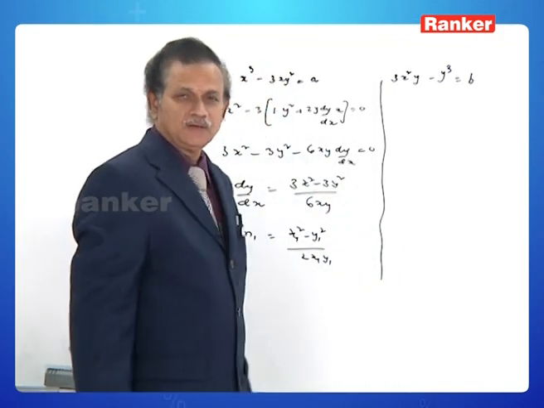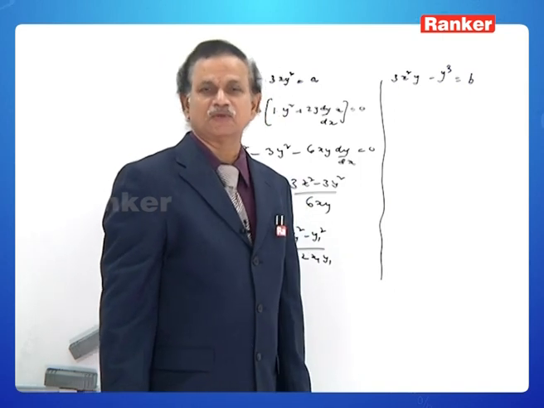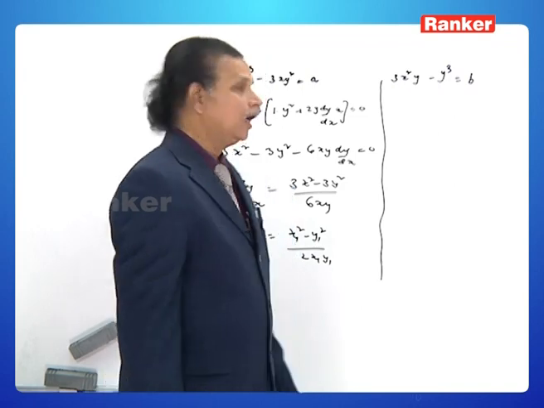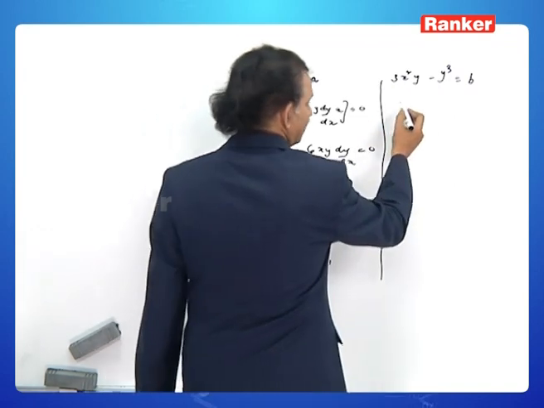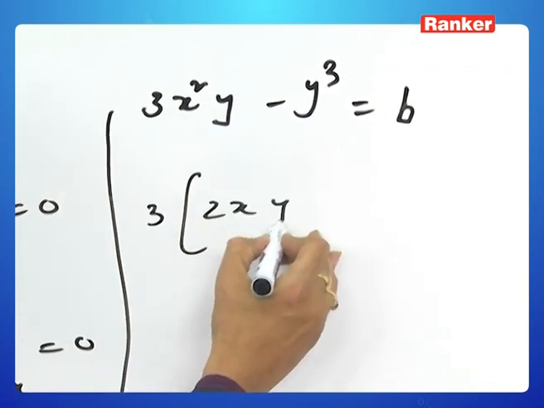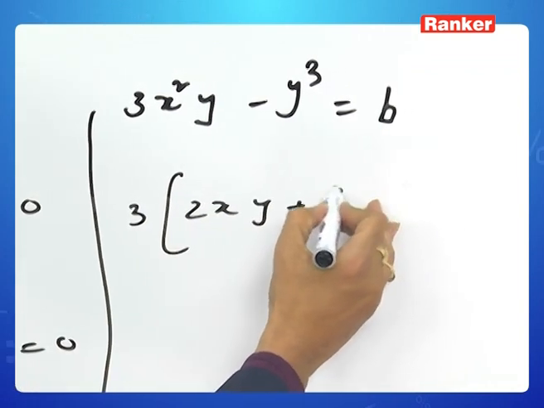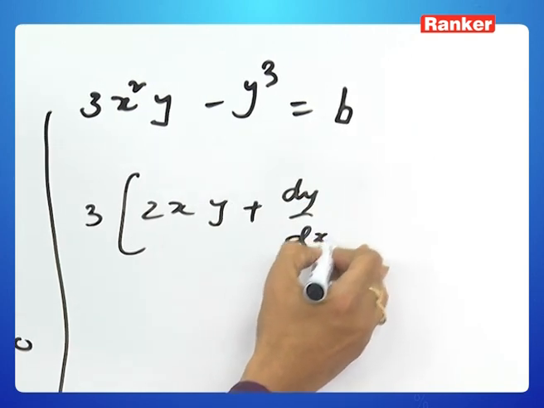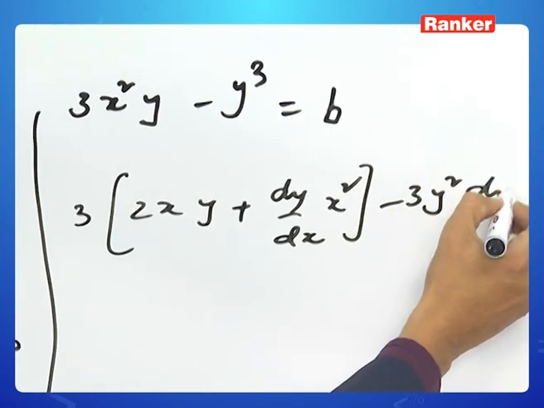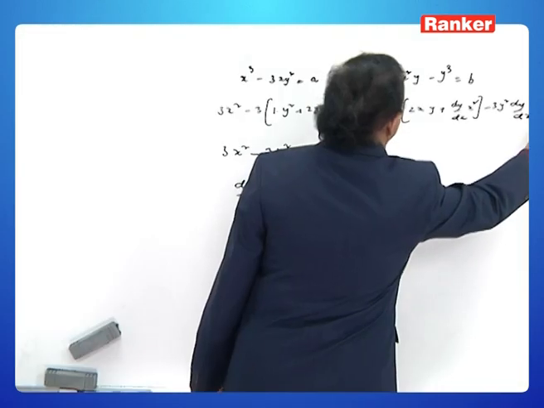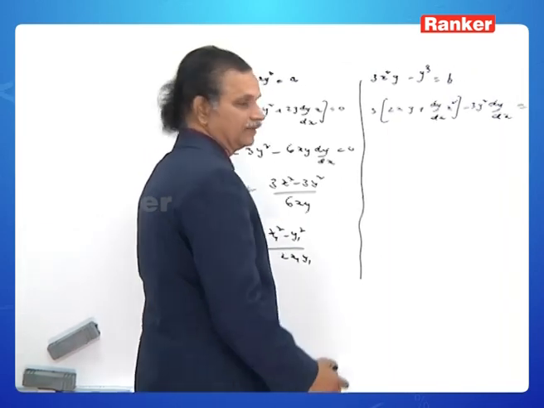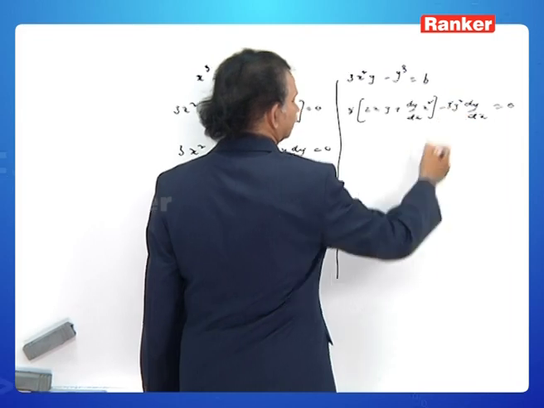What is x1, y1? I am supposing that x1, y1 is one of the points of intersection of the two curves. Okay. Differentiate this with respect to x. 3 into 2x into y plus dy by dx into x square minus 3y square dy by dx is equal to 0. So that you can cancel 3 on both sides.